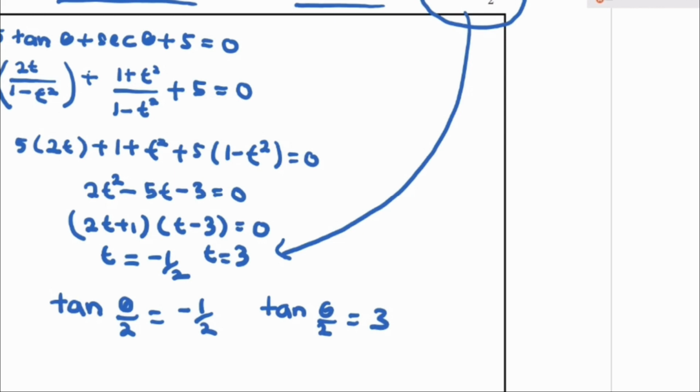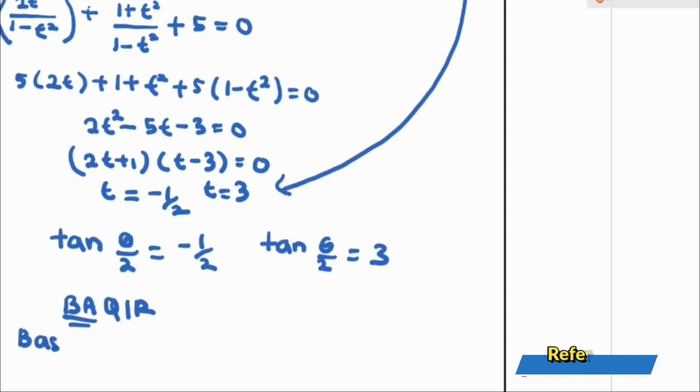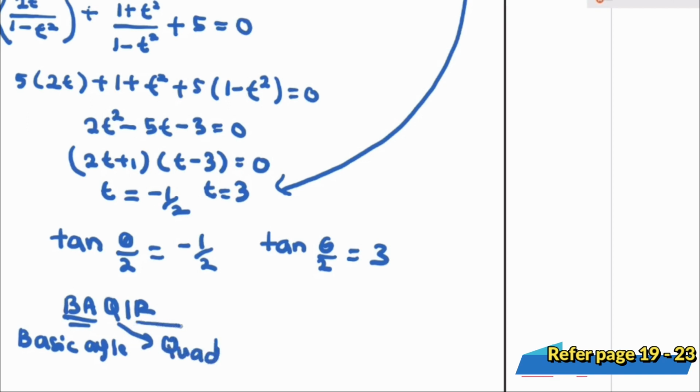To solve this equation, we use the BAKIR technique. B stands for basic angle, Q stands for quadrant, I stands for interval, R stands for rotation. Okay, we start with BA, basic angle.